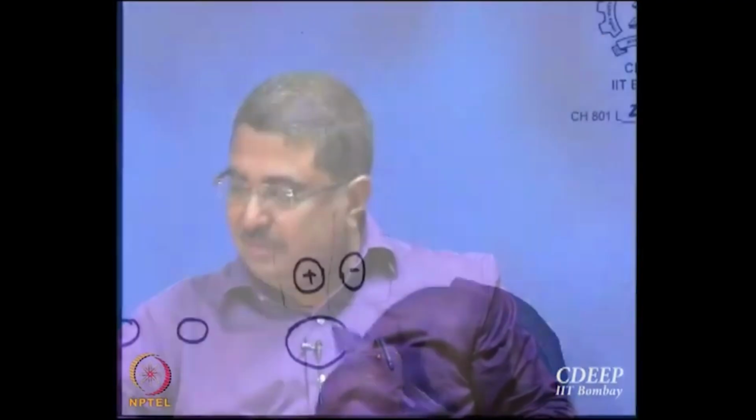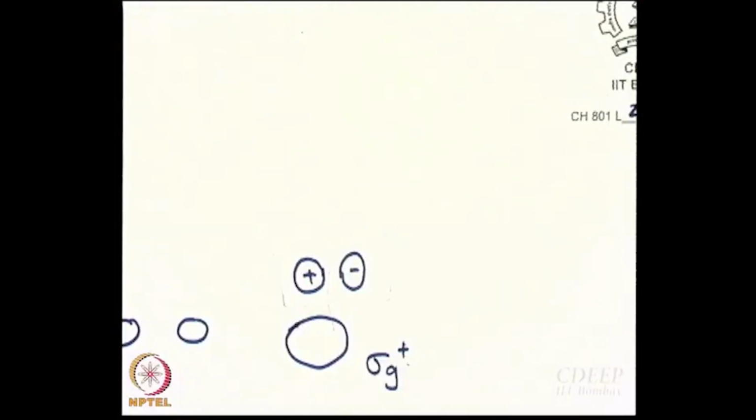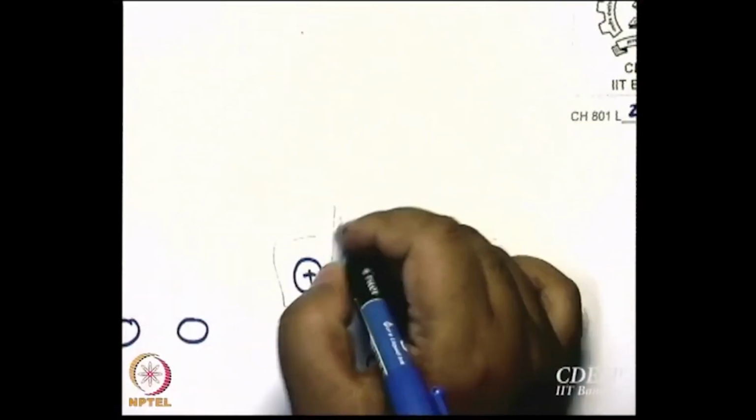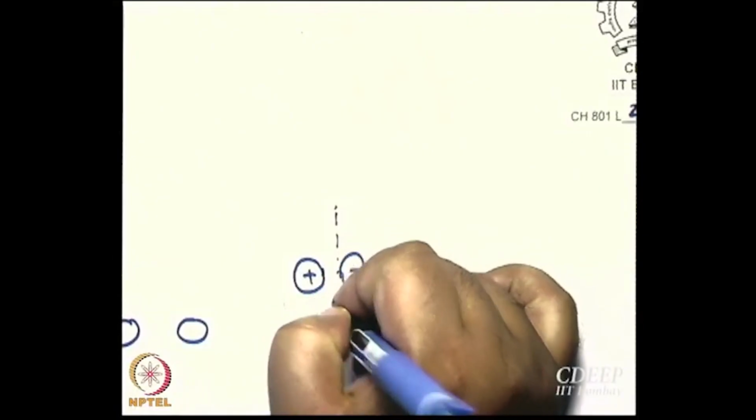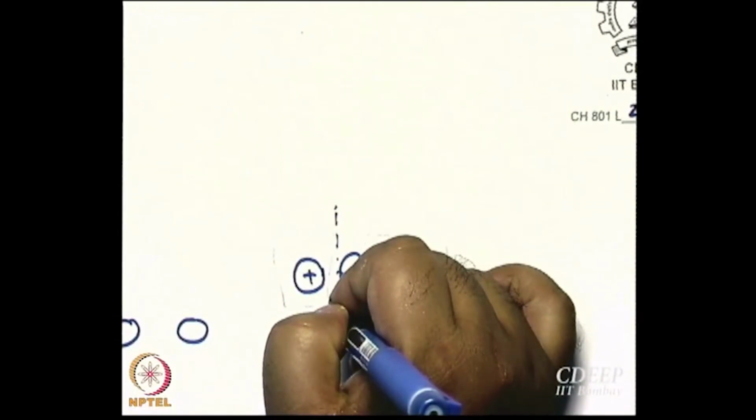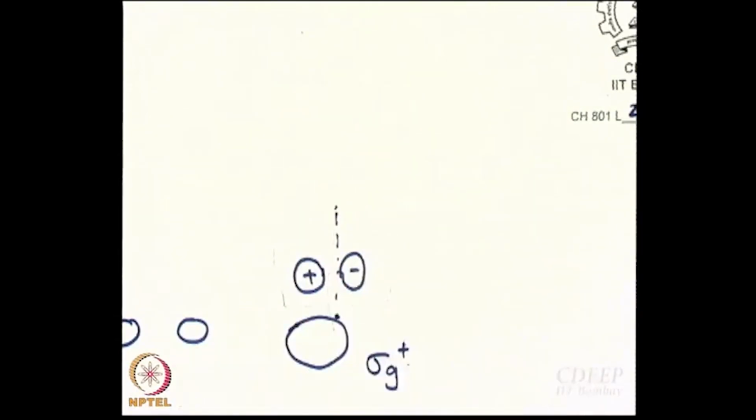And as a double check, what is the character of C2? Where is C2? This is C2? Man, you cannot even see that. This is C2, right? Yeah. C2 is perpendicular to C infinity and goes through the center of the molecule. So, character is minus 1. So, what is it then?